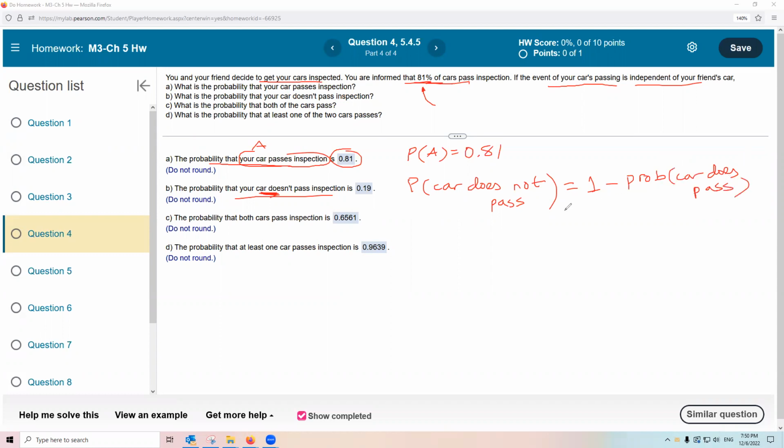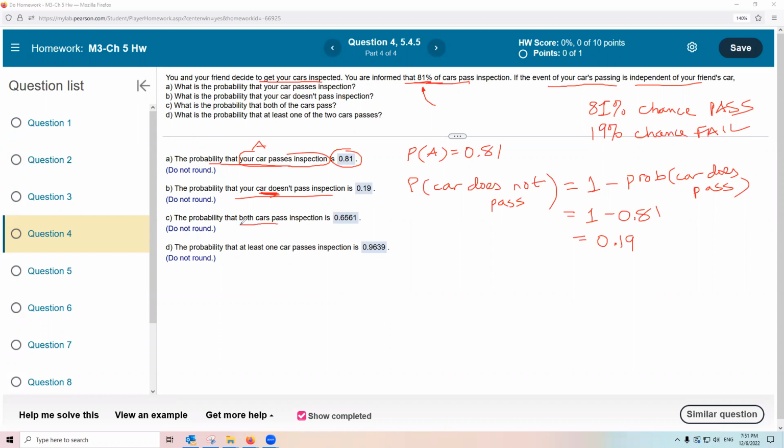We know the probability the car passes inspection is 0.81. 1 minus 0.81 is 0.19. That's kind of like saying there's an 81% chance your car passes. By the same token, you could say the remaining percentage, 19%, is the chance it's going to fail inspection.